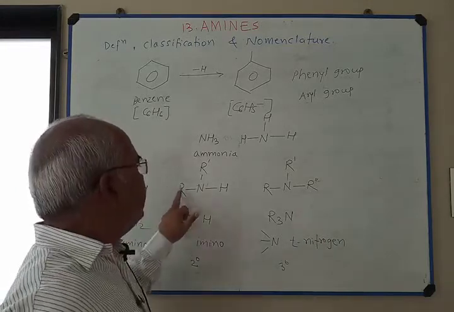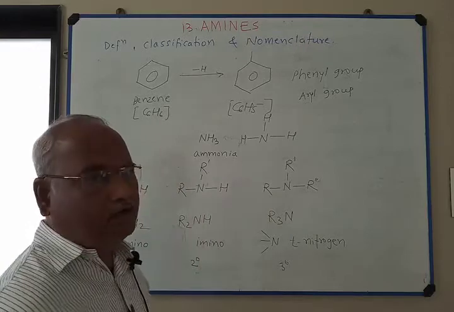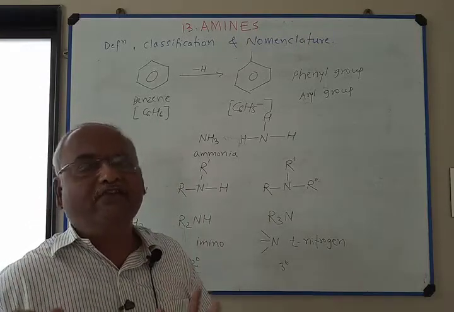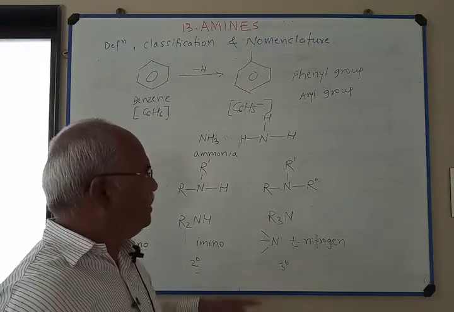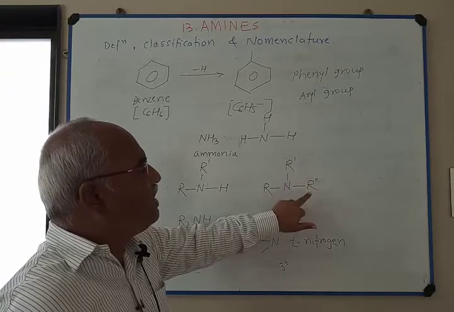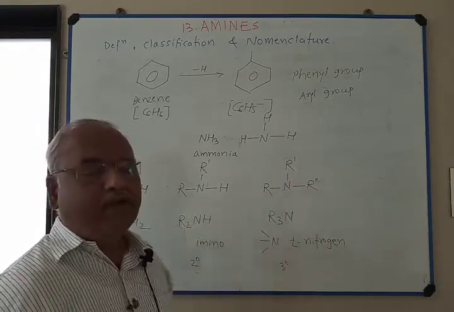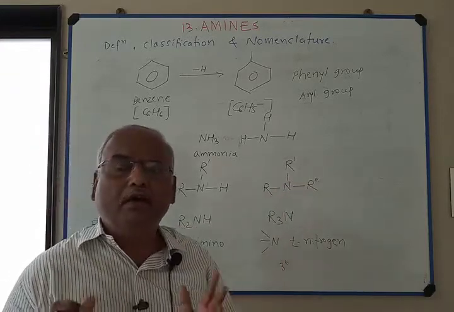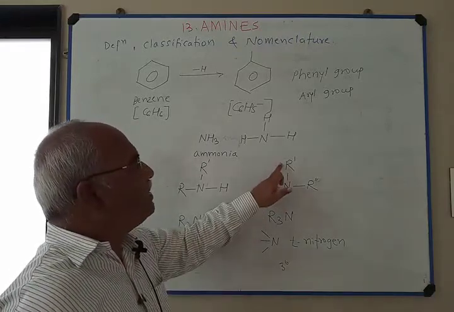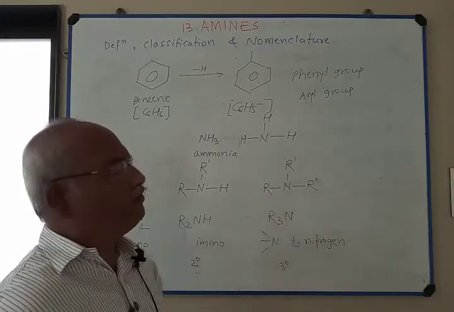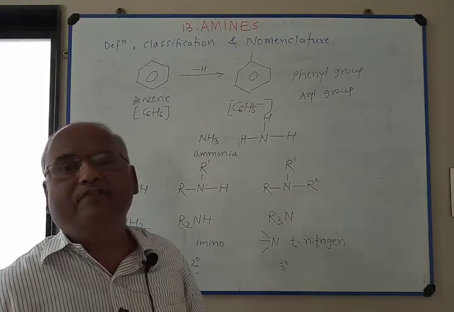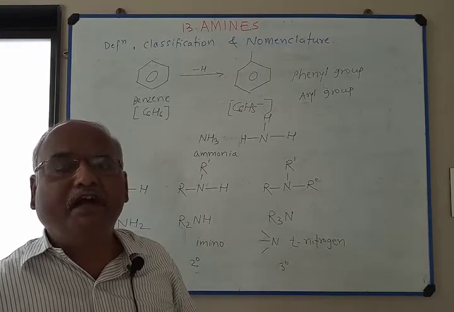If R and R dash are different, then it is called mixed amine or unsymmetrical amine. Similarly, if R, R dash, R double dash are same, it is called simple or symmetrical amine. And if R, R dash and R double dash are different, then it is called mixed or unsymmetrical aliphatic amine.